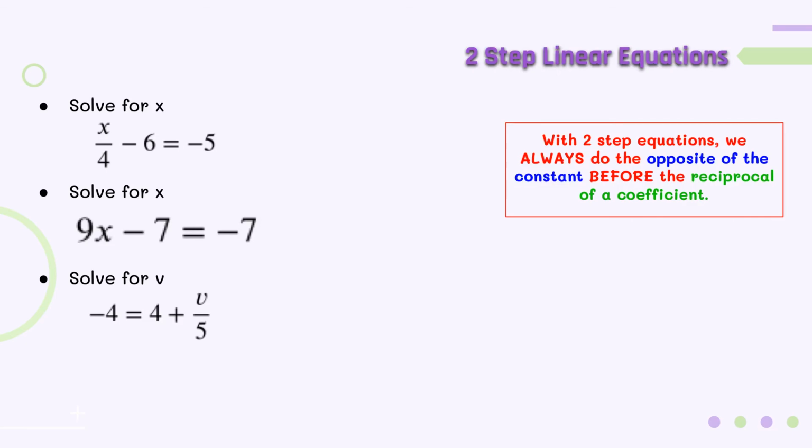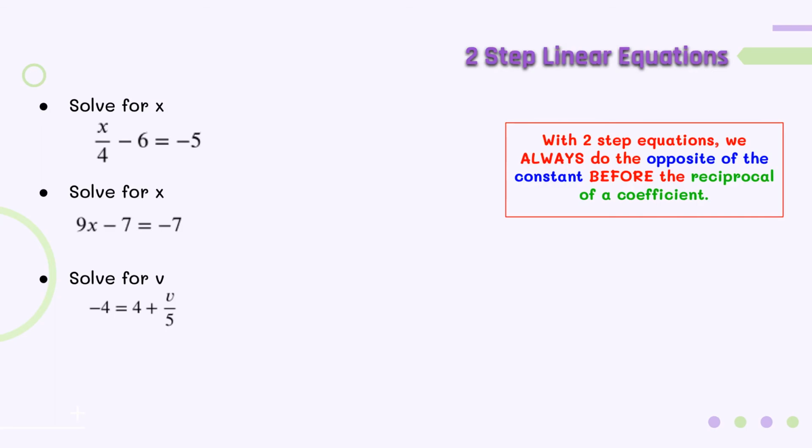So here's another chance for you guys to work out some examples for yourself. For this example, solve for x. X divided by 4 minus 6 is equal to negative 5. So I'm going to start up at the top. So I have x over 4 minus 6 is equal to negative 5.